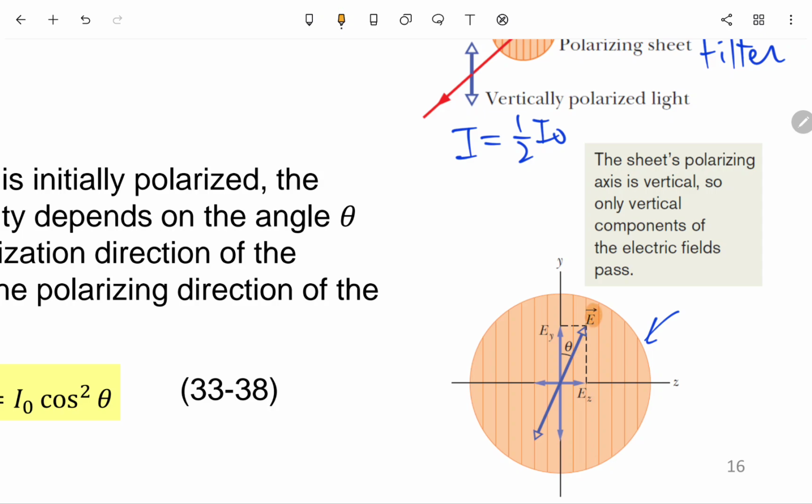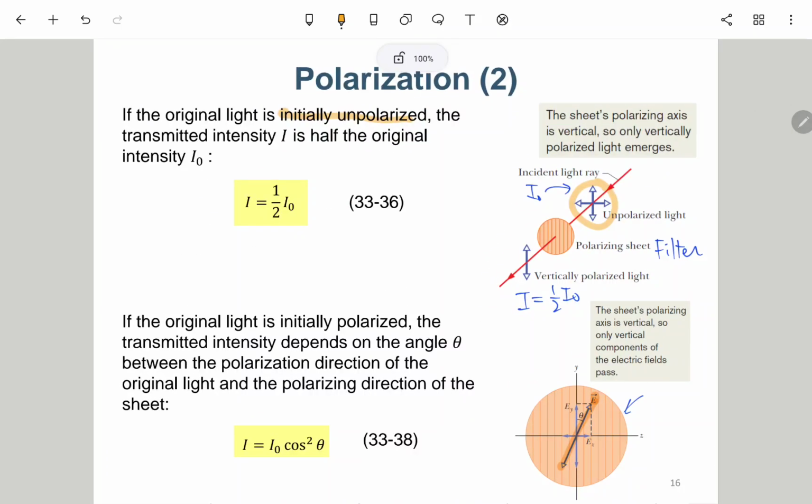So there is an angle theta between the input polarization direction and the direction of the polarization filter. The output will be I0 times cosine square of theta.